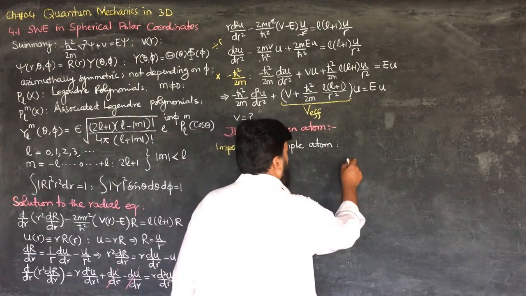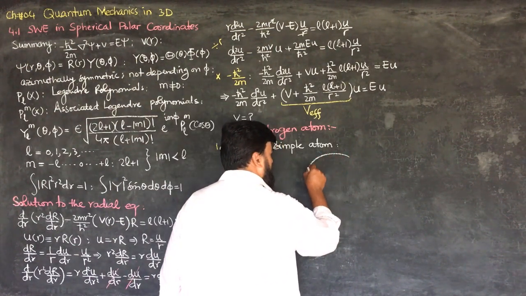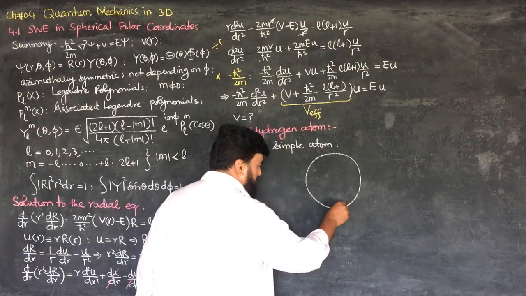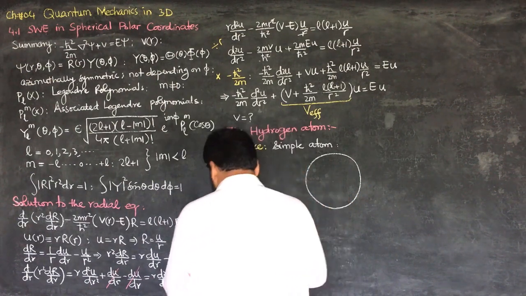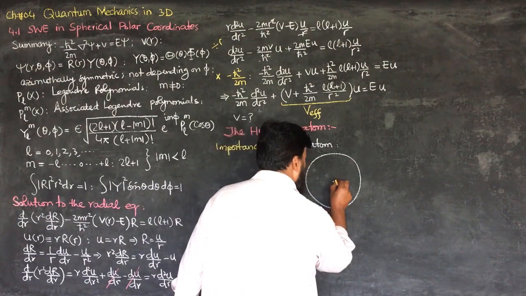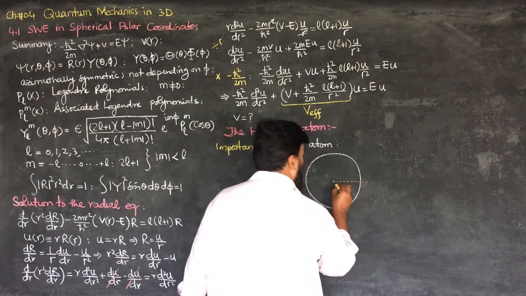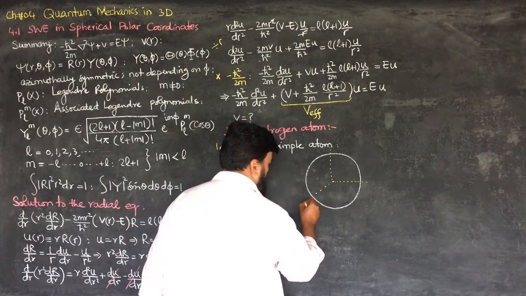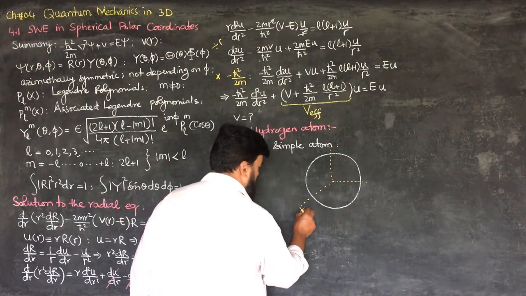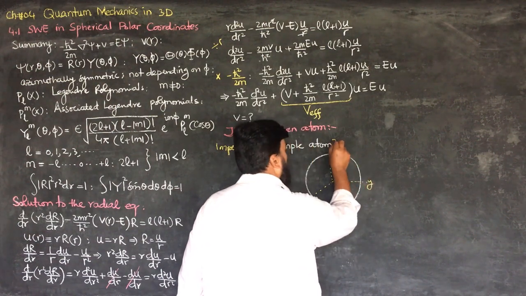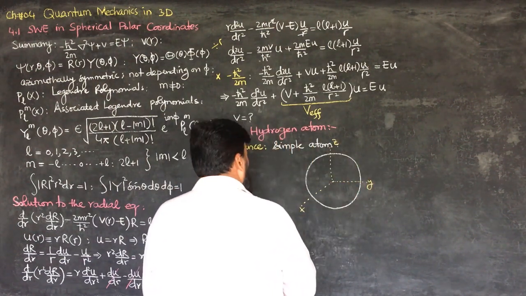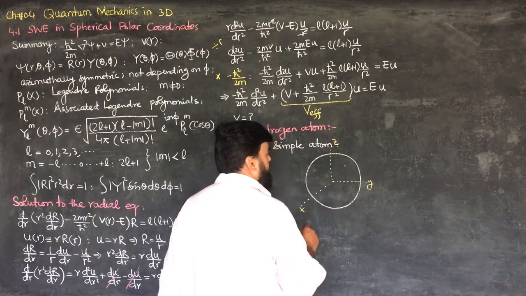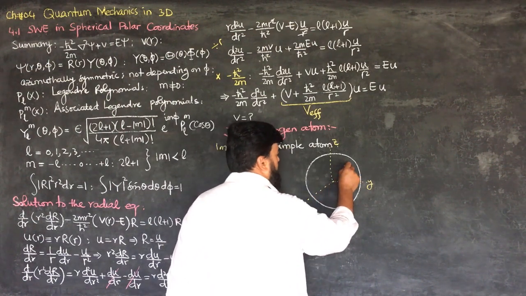And if I consider that this is a spherical geometry, and we are having our coordinate system like this, then this is our y-axis, this is our z-axis, and this is the x-axis, x, y, and z. And let's say that this is our electron which is on the surface of this sphere.